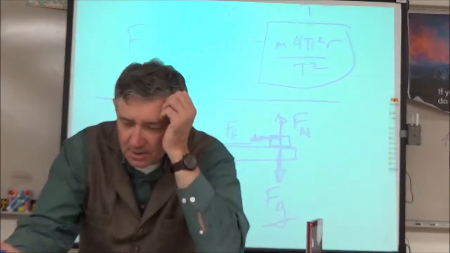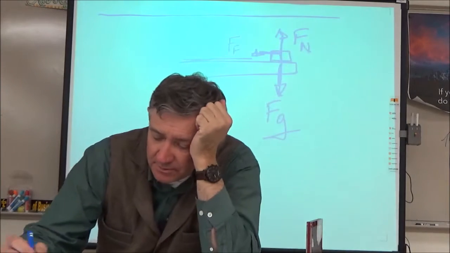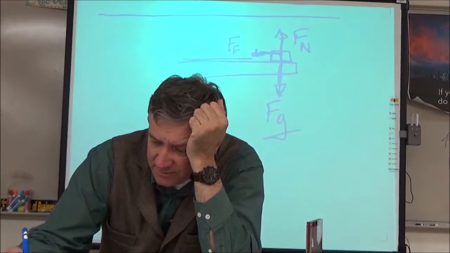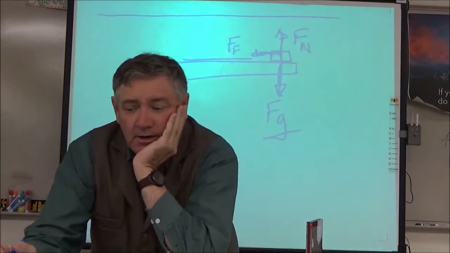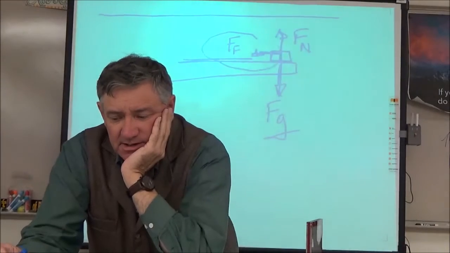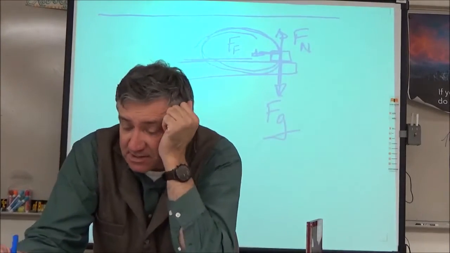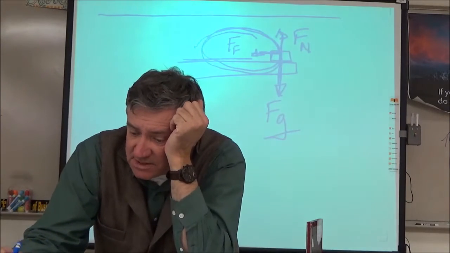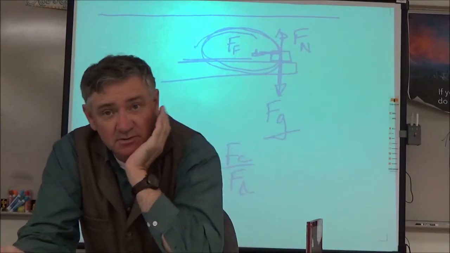Now, like I said, a lot of this is going to go old school. We're going to look at the coefficient of friction as friction force over force normal. What we're assuming is that the centripetal force is created by the frictional force, so we're going to substitute in centripetal force for force normal.